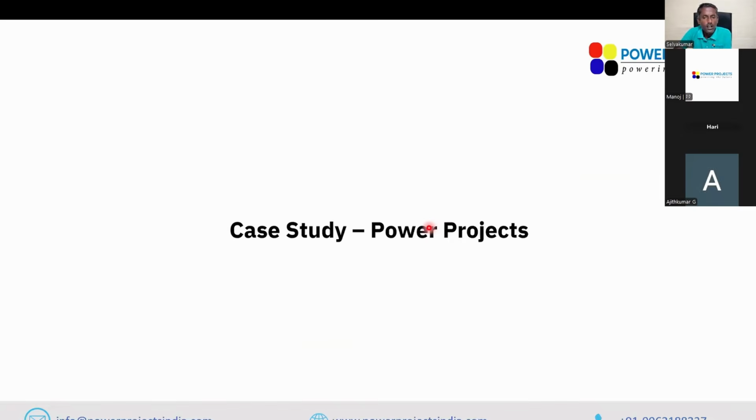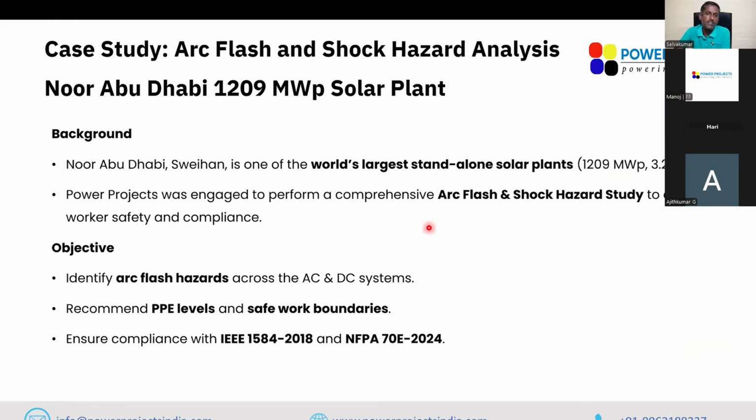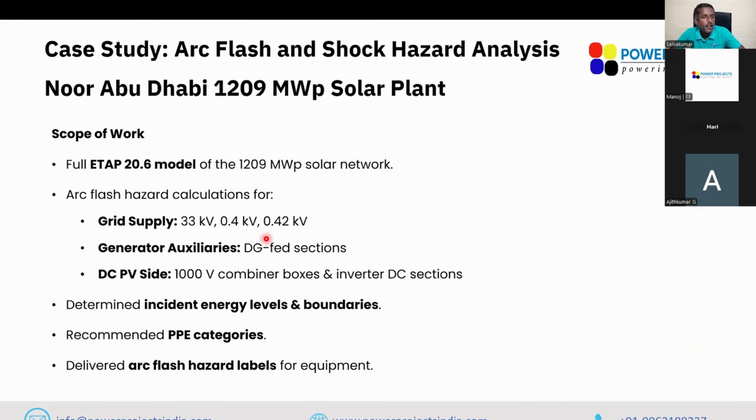So a few of the case studies which we have done include DC arc flash plus studies. It's a 1200 megawatt solar plant in Abu Dhabi, where we have done arc flash studies, probably a couple of years back.